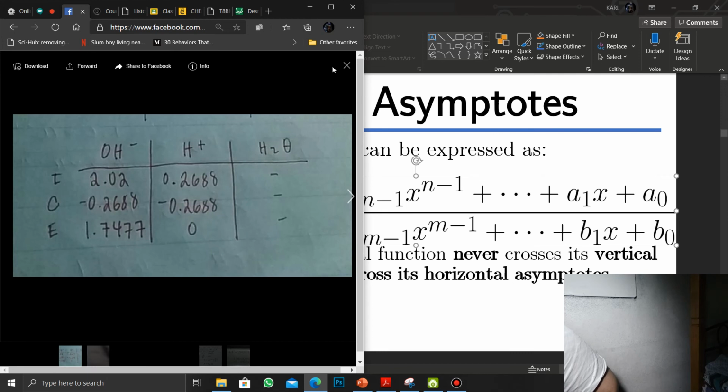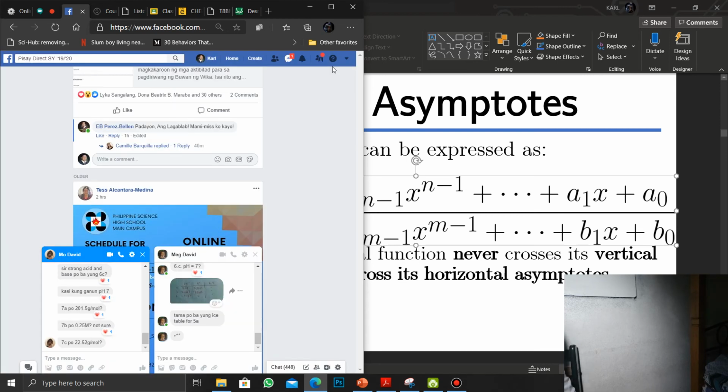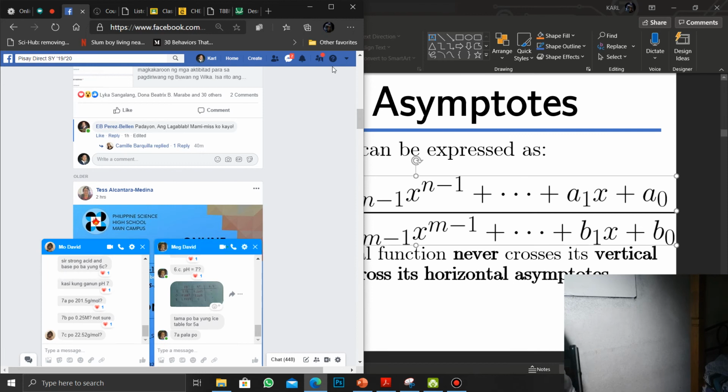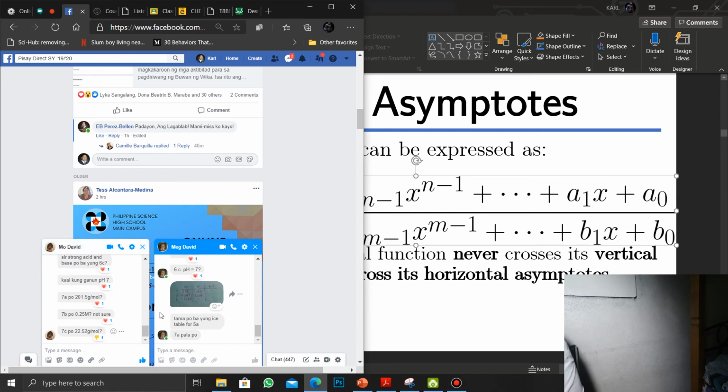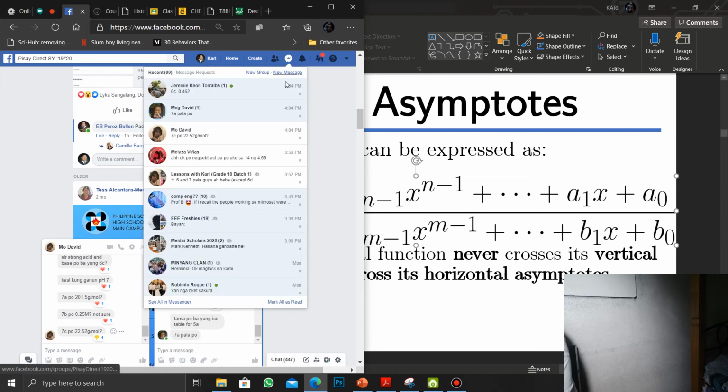Okay, 5A. Let's see, 5A, 6A. 7A. We don't need an ice table. Why? When it's neutralization, guys, wait, your letter C is wrong. For number 7, what do we use?